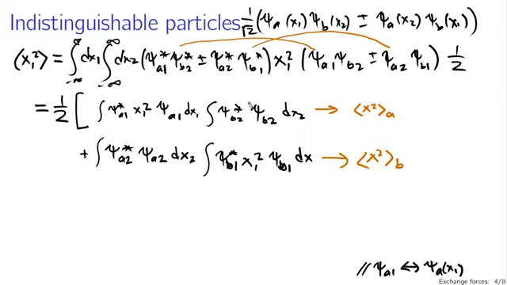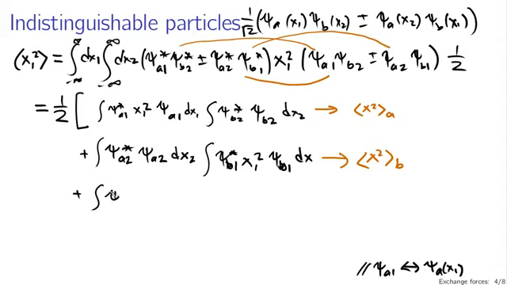The remaining 2 terms, let's examine them conceptually first. I'm looking at, for instance, this term that comes from multiplication of these 2 psi's and these 2 psi's. And if I work that out, it looks like this. Let's deal with the first part here, the terms that depend on x2.